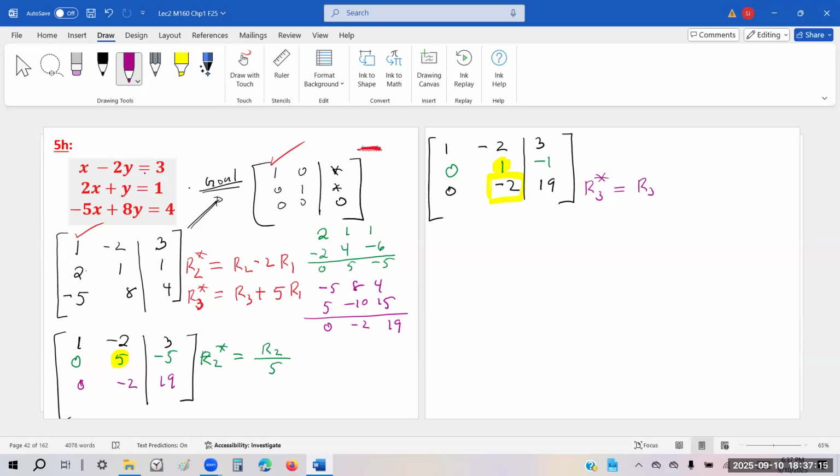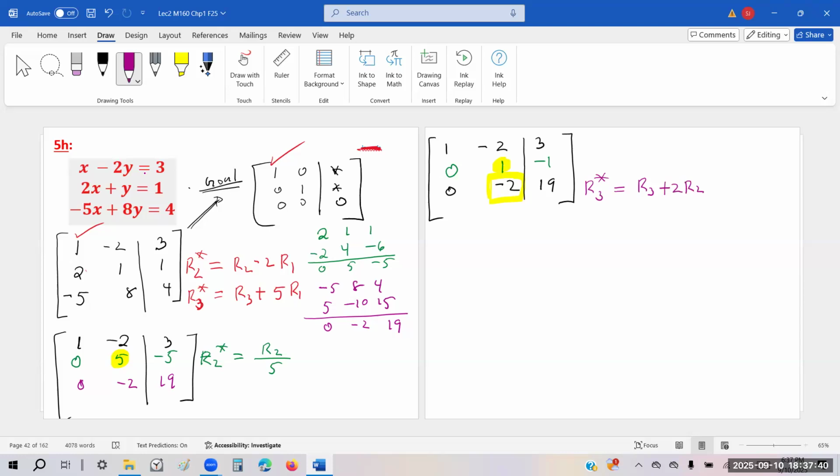And which row do we get the help from? The first row or the second row? Row 2. You cannot get the help from row 1 because then the 0 in the first position will not be 0 anymore. So we definitely need the help from row 2. So we add 2 times row 2.